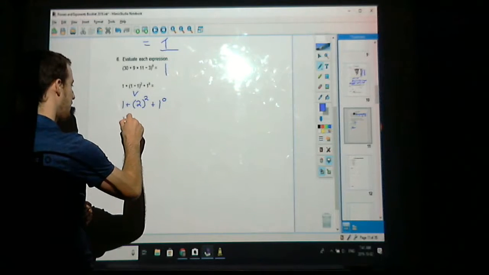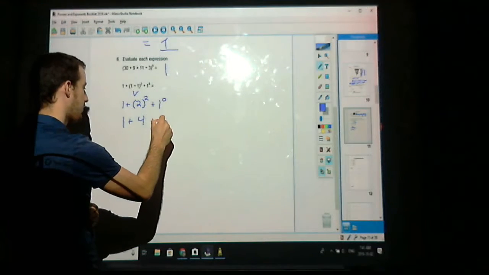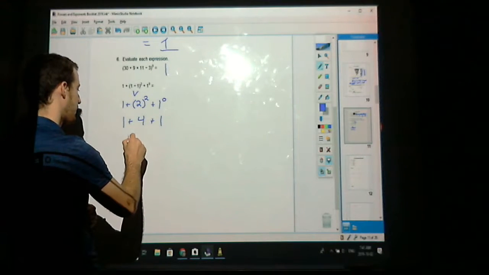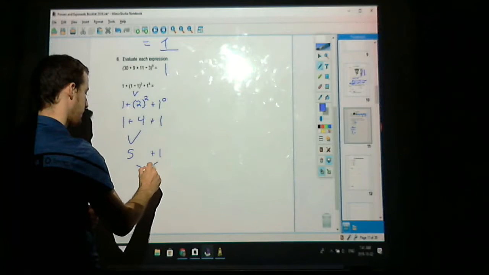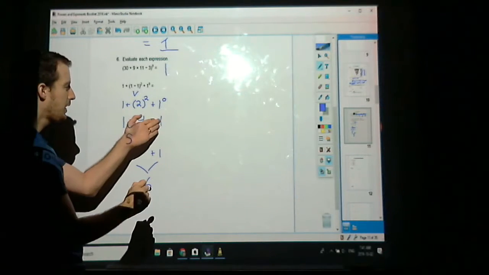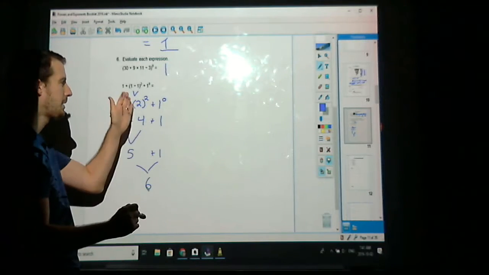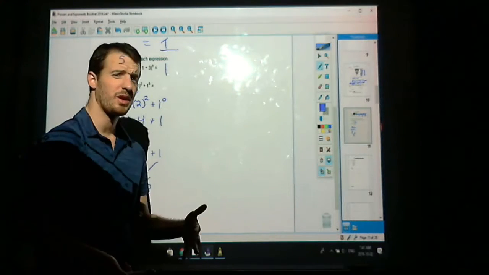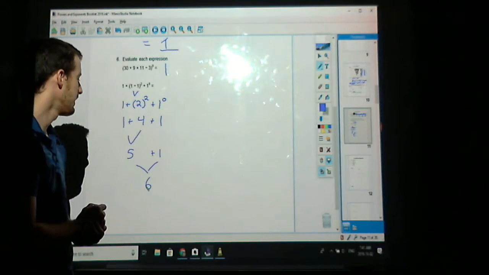So 2 to the power of 2 is 4. 1 to the power of 0 is 1. Now we can do this addition left to right. 5 plus 1, 6. Even though you guys know this, I would suggest you keep showing what steps you're taking, that way when things do get complicated, you're not mixing things up or taking shortcuts that might lead you astray.